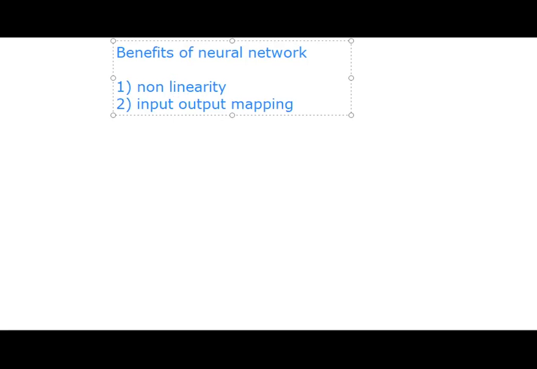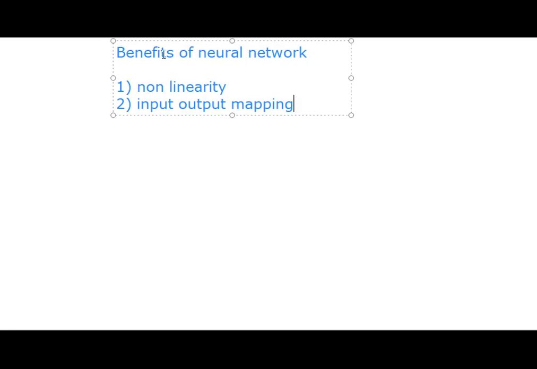Now, what is input-output mapping? Input-output mapping is a popular paradigm of learning called learning with a teacher, or supervised learning. Those who are in a computer science background, working in machine learning and deep learning, are quite familiar with the term supervised learning.